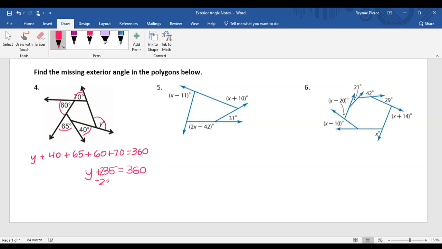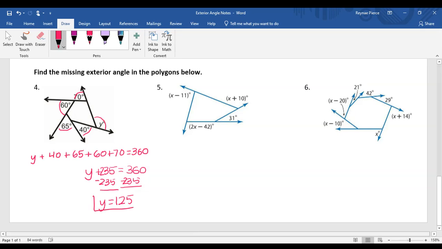I need to find out how many degrees are left for angle y. So 360 minus 235 is 125 degrees. So y is 125. That's your final answer.